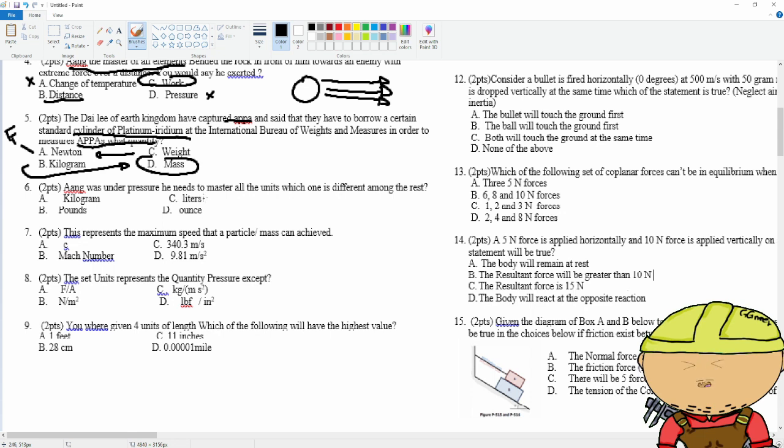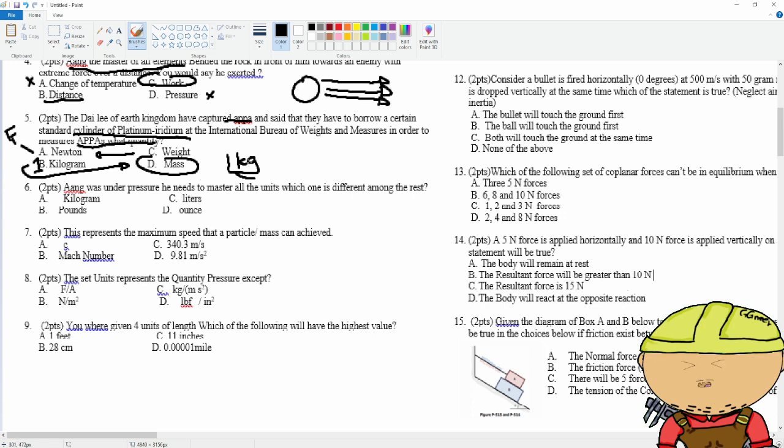And actually, you could argue that the cylinder platinum iridium is actually 1 kilogram. So if this is 1 kilogram, it could be the right answer. But Appa is not 1 kilogram.